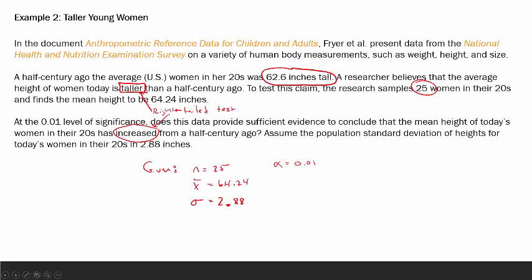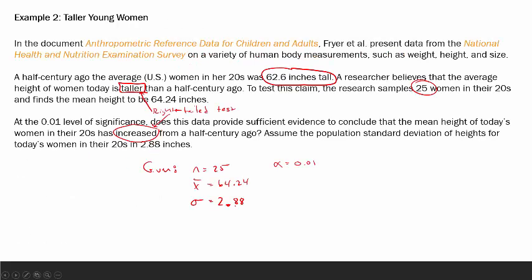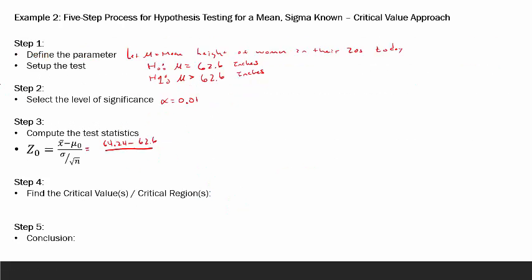X bar is 64.24 inches, from right here, minus mu sub 0, 62.6 inches. Sigma, if you look back here, is 2.88. And then the researchers sampled 25 women.